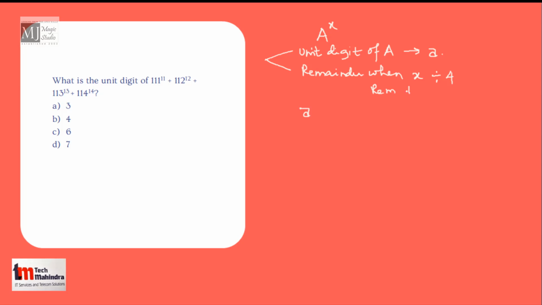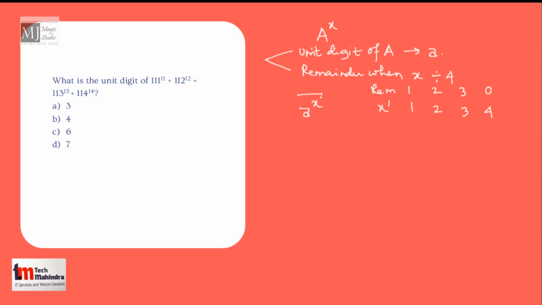Simple. If the remainder is 1, my x will be changed to 1. If the remainder is 2, x will change to 2. If the remainder is 3, I'll make x 3. And if the remainder is 0, the value of x will be converted into 4. That's it. Two simple steps.